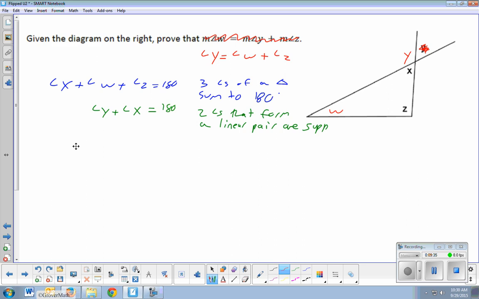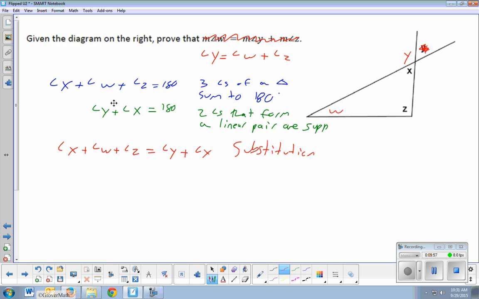So then I could say that angle x plus angle w plus angle z equals angle y plus angle x because of a form of substitution.